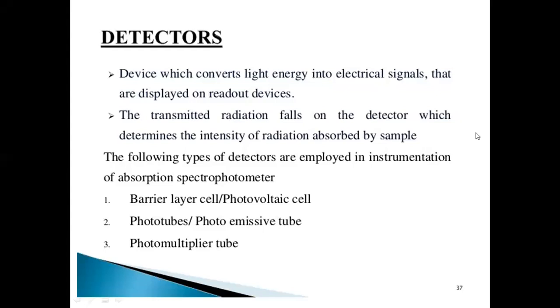So today we are going to discuss the detector system used in UV spectrophotometer. The function of the detector is to detect the signal. In UV spectrophotometry, as the light passes through the sample, absorption or transmission takes place, and the same energy is detected by the detector system.